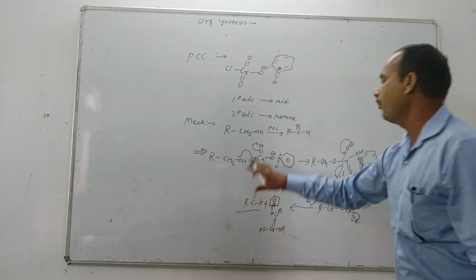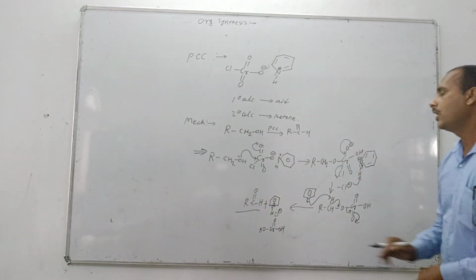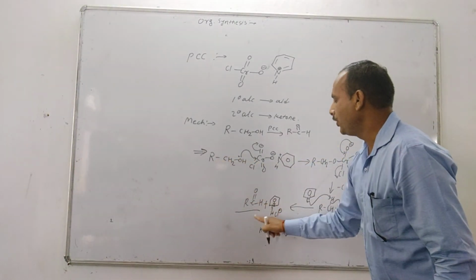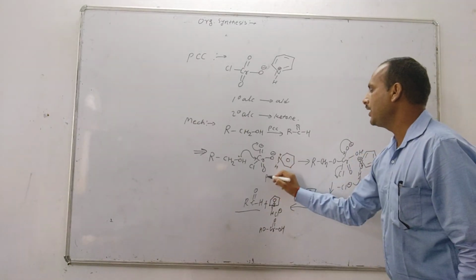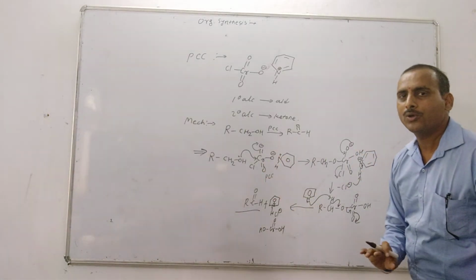So this is the mechanism for primary alcohol to aldehyde by using PCC, pyridinium chlorochromate.